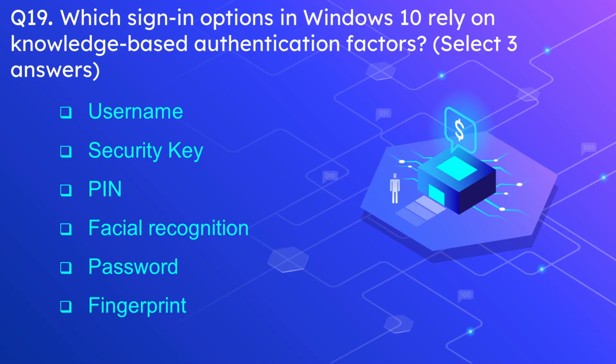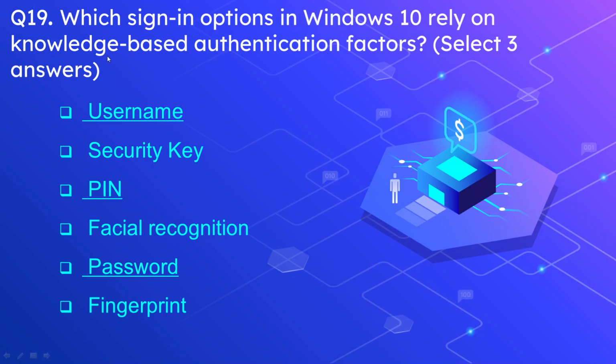Question number 19 is which sign-in options in Windows 10 rely on knowledge-based authentication factors? We have to select three answers. Options are username, security key, PIN, facial recognition, password, and fingerprint. And the correct options are username, PIN, and password.